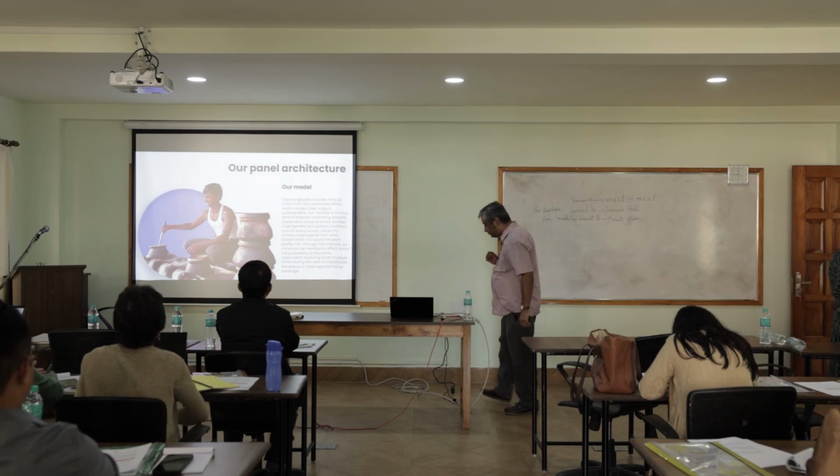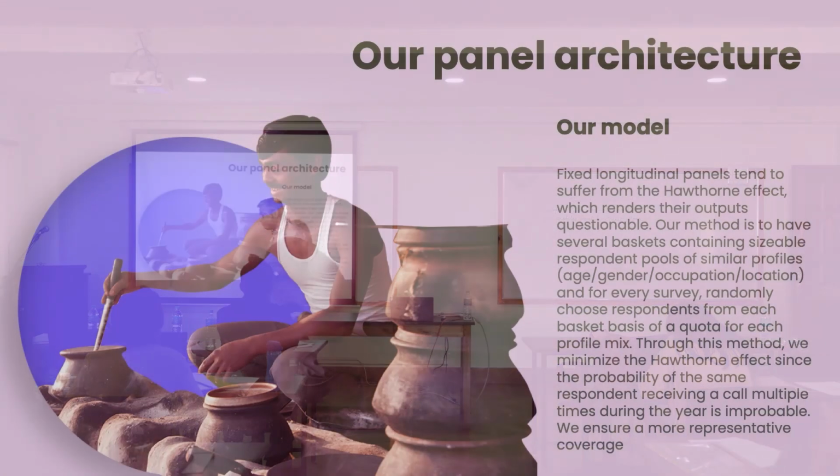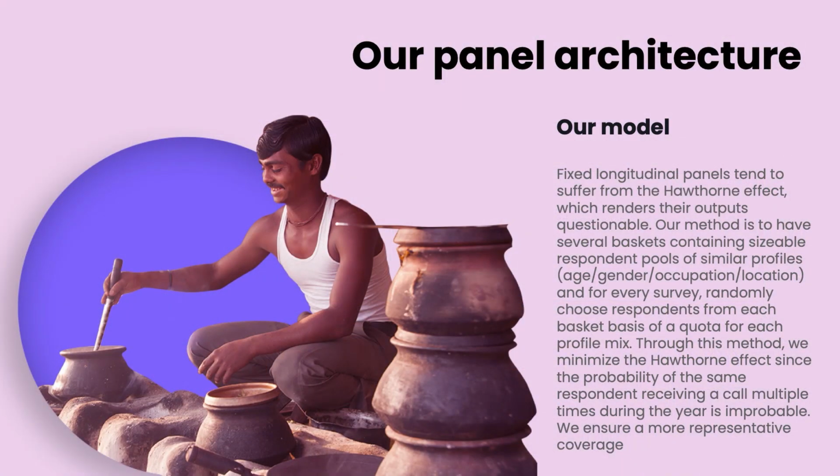So what we do, and this is what you can also do, is that there is something called the Hawthorne effect. A lot of people do something called a panel survey. Panel survey means you go back to the same person again and again and ask questions. It has been already proven across the world that panel surveys are a failure. Why? Because they will answer you honestly the first time, second time.